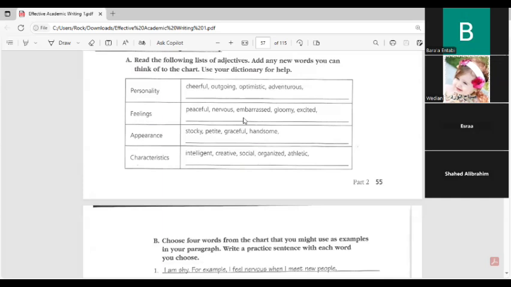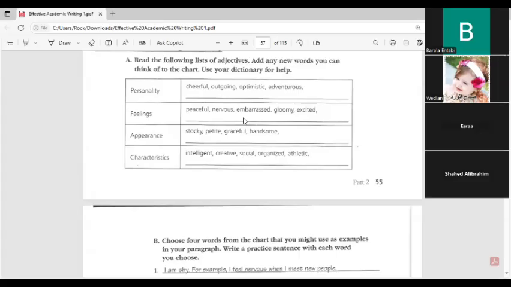I am outgoing, or I am an outgoing person, or I am an outgoing girl. For example, I am outgoing. I can make friends wherever I go and enjoy the company of others. You can describe yourself in this way. Just add examples to convince the person in front of you.